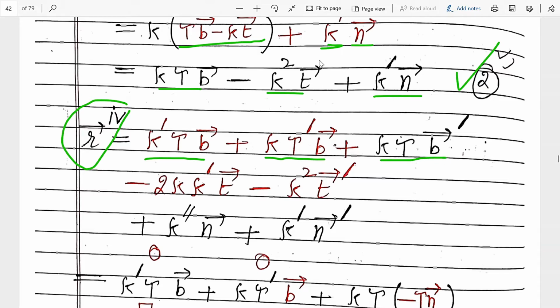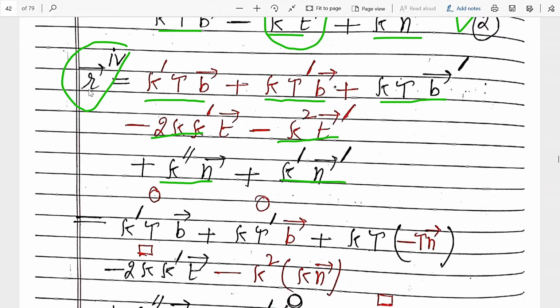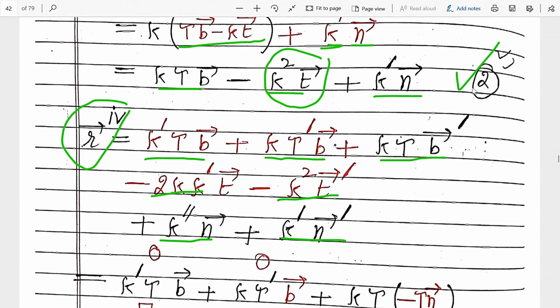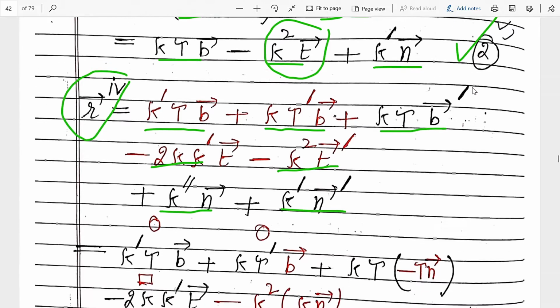Now from the second term, the derivative of kappa square is 2 kappa kappa dash, into t vector, and the derivative of t vector gives kappa square n, that is, kappa square t dash. Now from the last term, kappa double dash n vector plus kappa dash n vector dash. So we get these values on differentiating equation number 2 with respect to s.